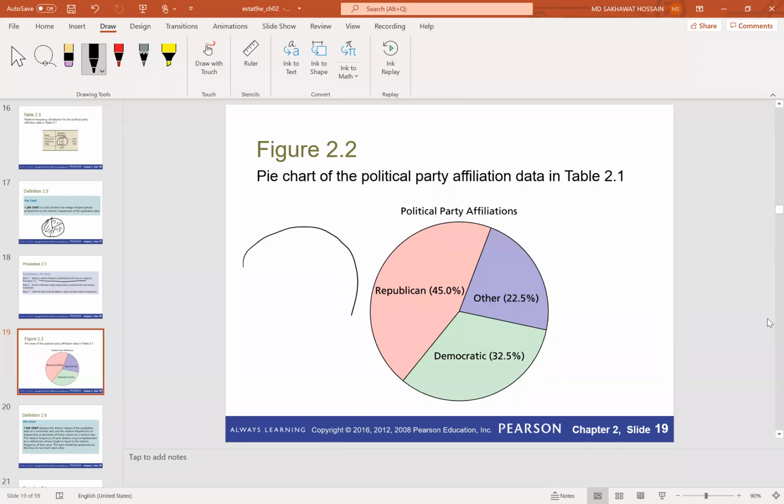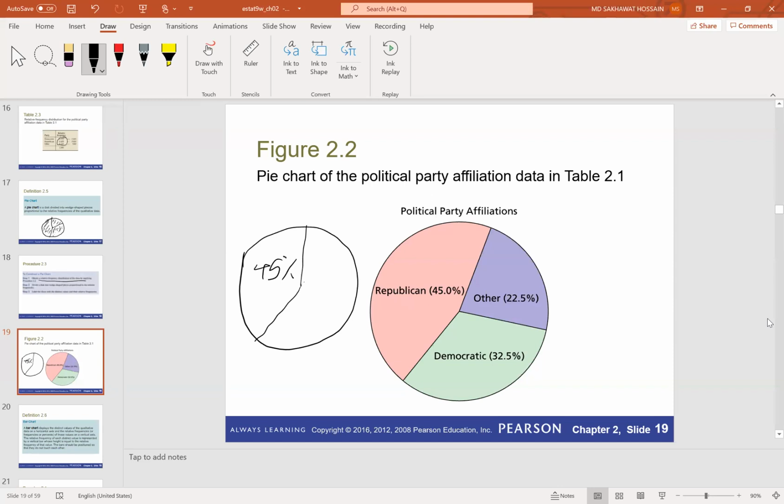So this is the disk, and you will take approximately 45% of the disk. It's slightly less than 50%, right? If we draw the line like this, then it will be 50%. So this part is 45%.